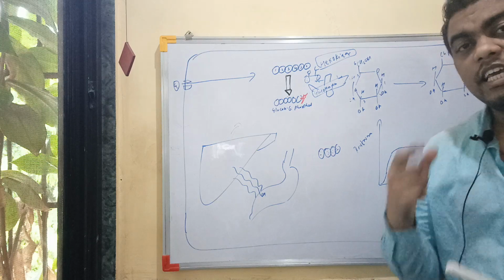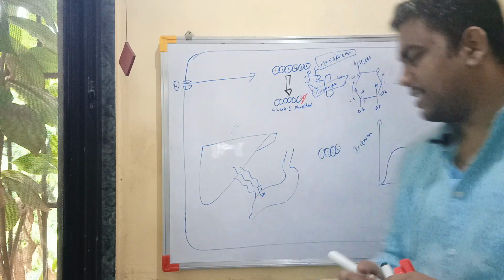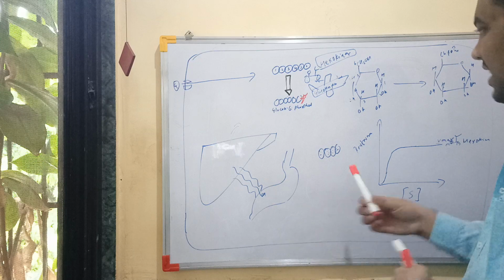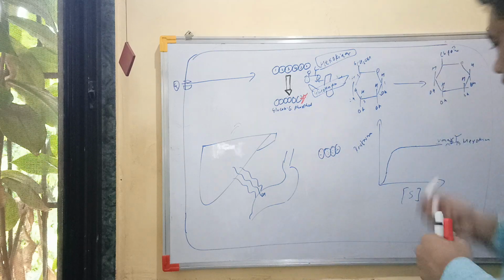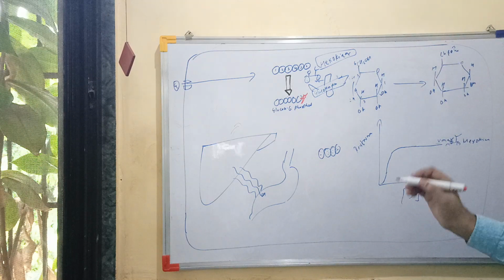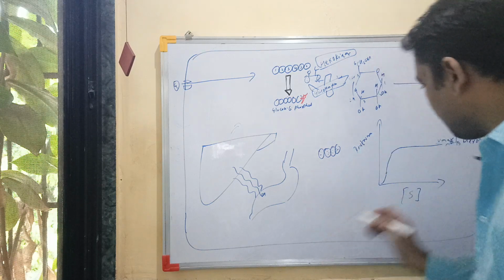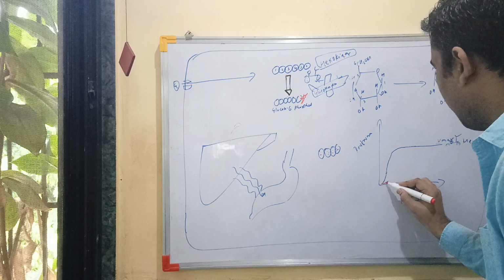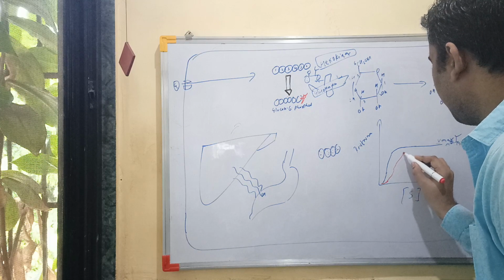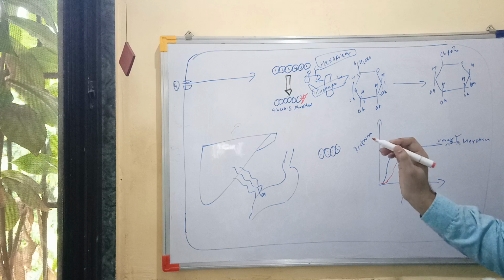If we talk about glucokinase, let us represent it by a red color. You know that glucokinase will not start in a small amount of glucose, so he will struggle.